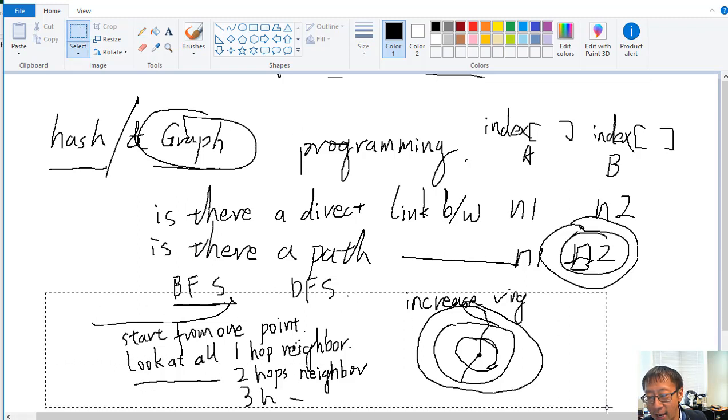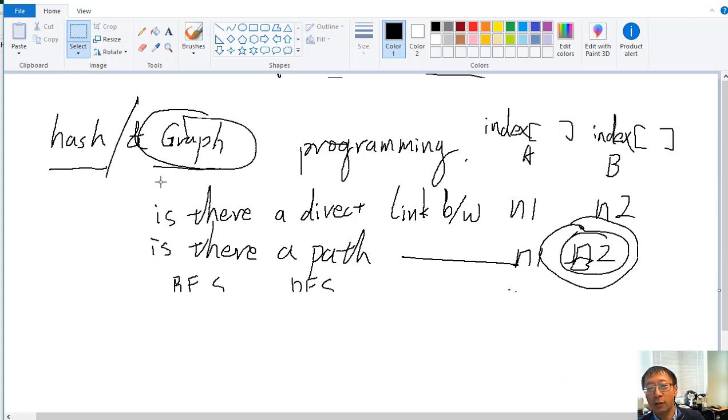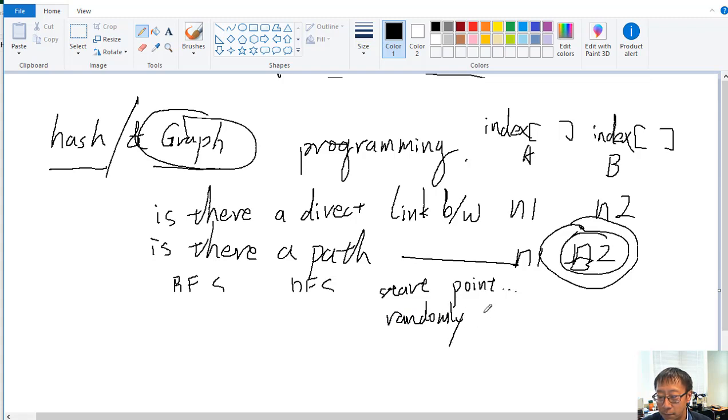And what is the DFS? The DFS, instead of looking for an increasing ring, you have a starting point. You randomly choose a one hop neighbor.